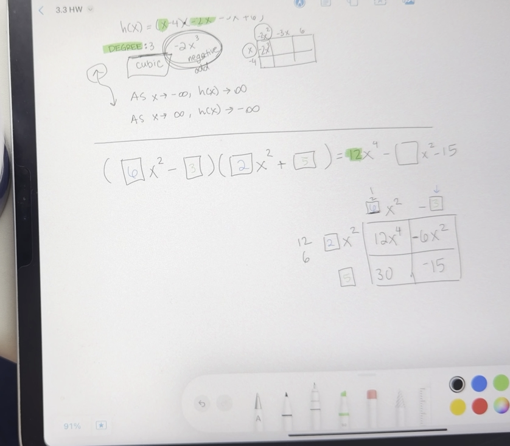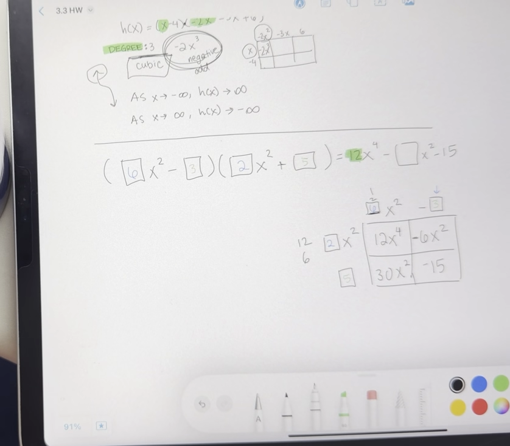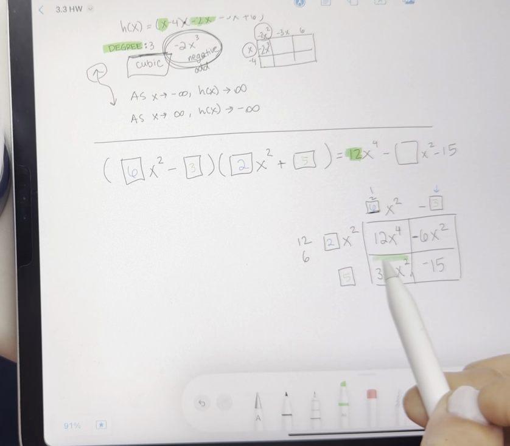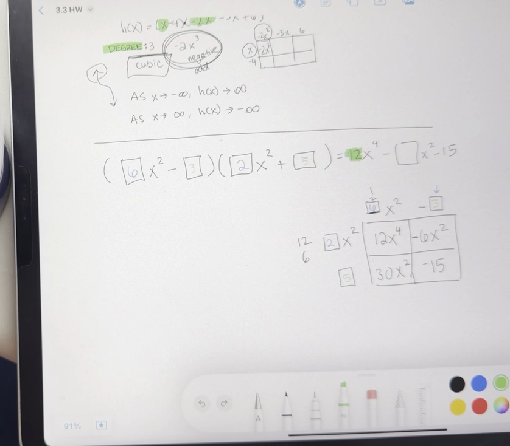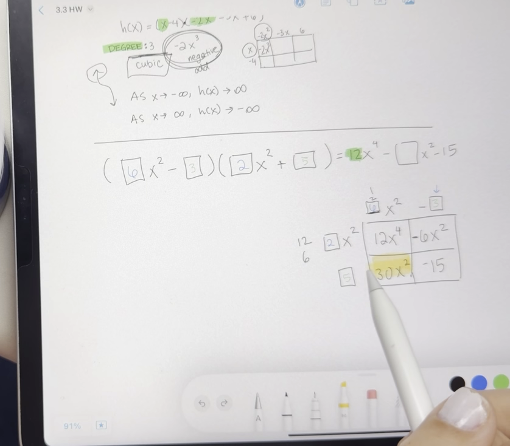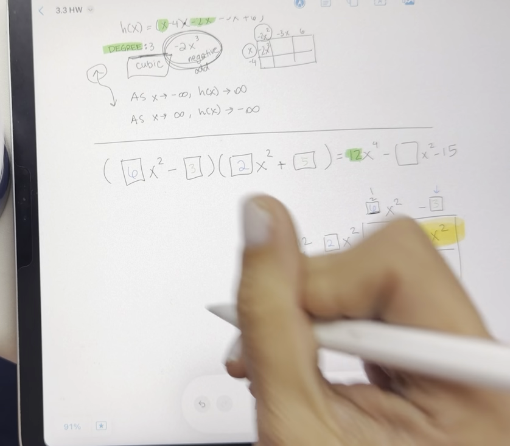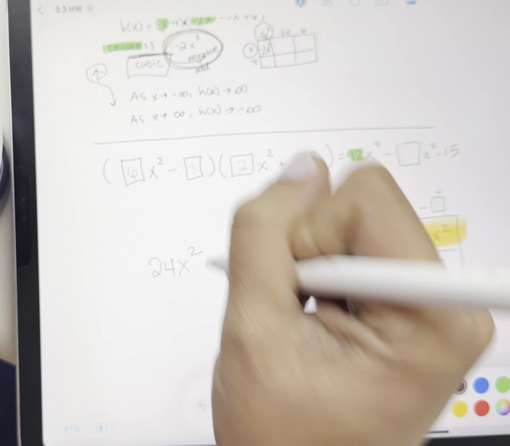And then 6x squared times 5 is 30x squared. And then my like terms here, we're gonna run into a problem right now, but it's an easily fixable problem, so don't worry. Look, my like terms are 30x squared minus 6x squared. That's 24x squared.